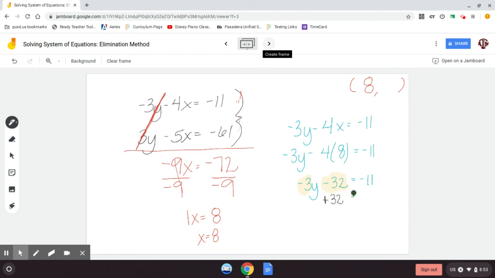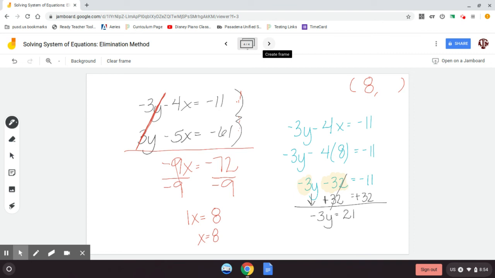But if I do it to one side, I have to do it to the other. The negative 3y comes down. Negative 32 plus 32 cancels out. And negative 11 plus 32 is a positive 21.